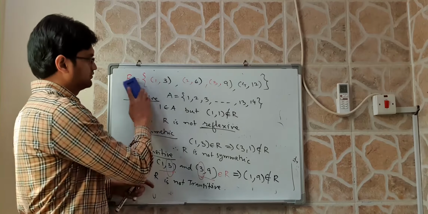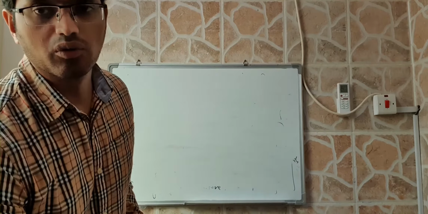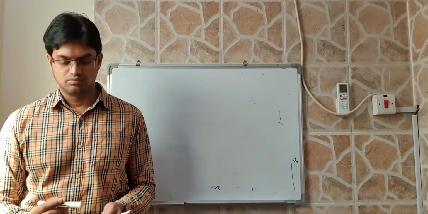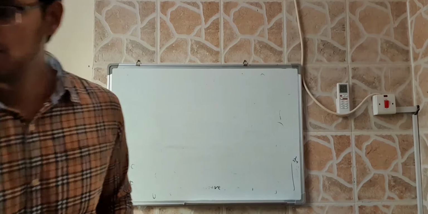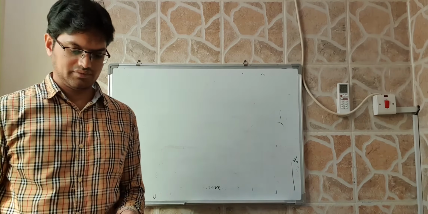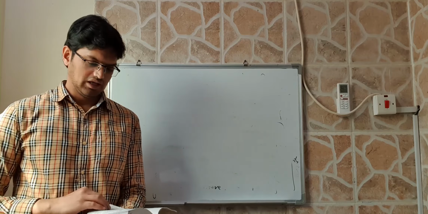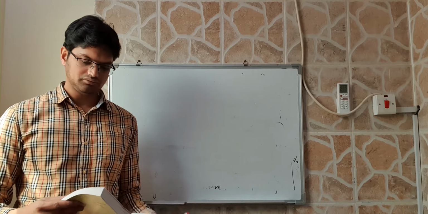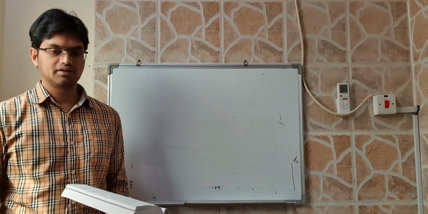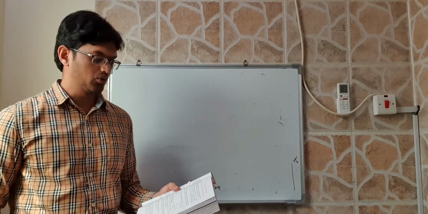Types of relations. What is the second problem? It is an abstract problem. Let me take up our NCERT book example. Let me write it, then I'll explain what is happening and how to solve it.